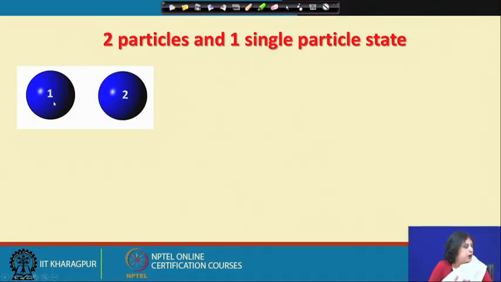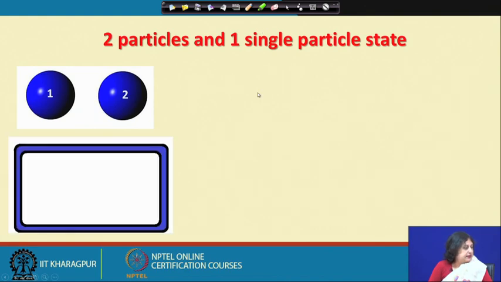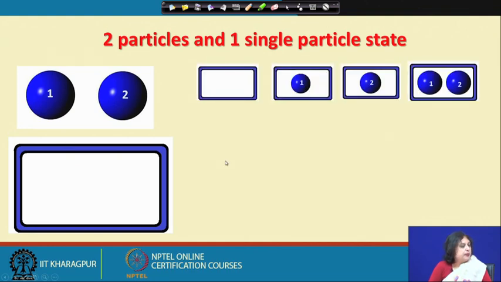Now, to start with, I have labeled these balls as 1 and 2, and the task is I have to put them in one single particle state, which means that I have one such box and there is no subcompartment in this box. So, this is obviously one of the ways in which you can put the two particles in this box. This is the first case where the box is empty. You have not put any of the balls here. So, here n is equal to 0.